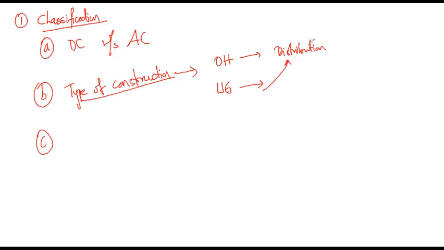At the end you will be having the scheme of connection, which is quite important. Once it comes to the connection type, how are you going to identify the connection type? The connection types are the radial system, the ring system, and the interconnected system.